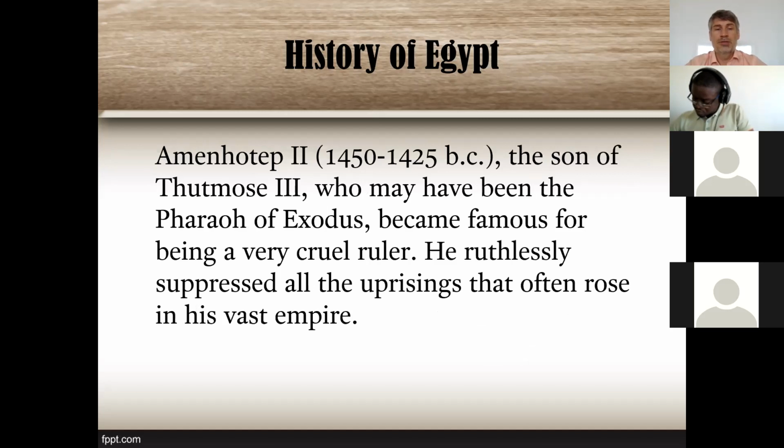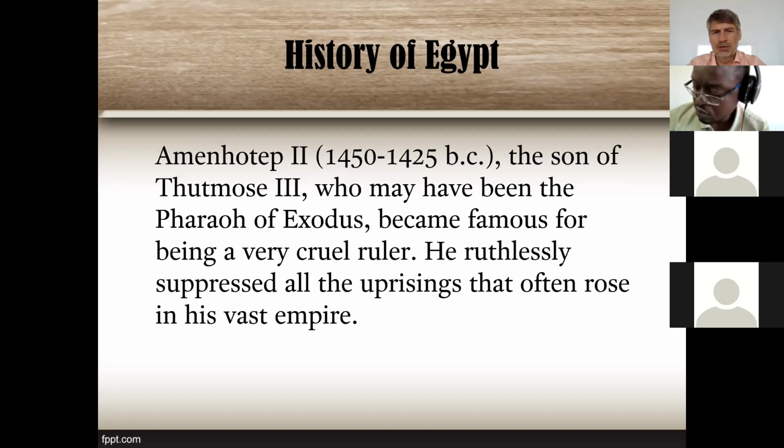And what happened after that? After that, we have Amenhotep II, and you see the dates of his reign. He was the son of Thutmose III, who may have been the pharaoh of the Exodus, and he became famous for being a very cruel ruler. He ruthlessly suppressed all the uprisings that often rose in his vast empire.